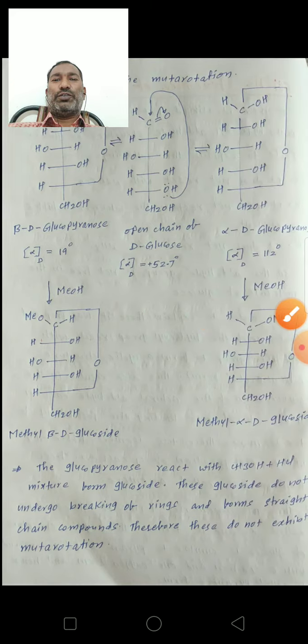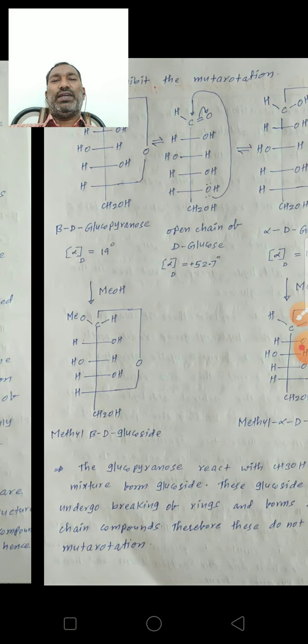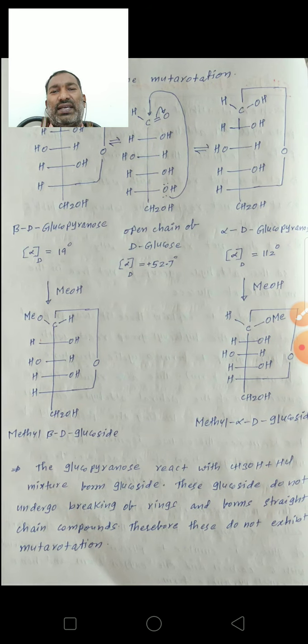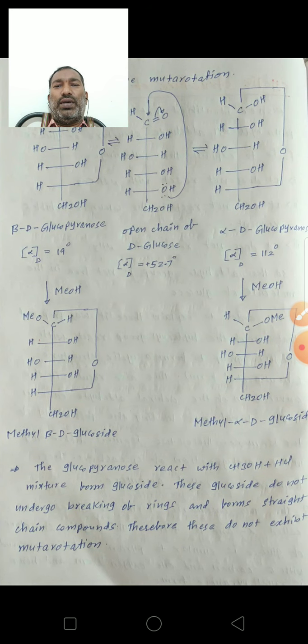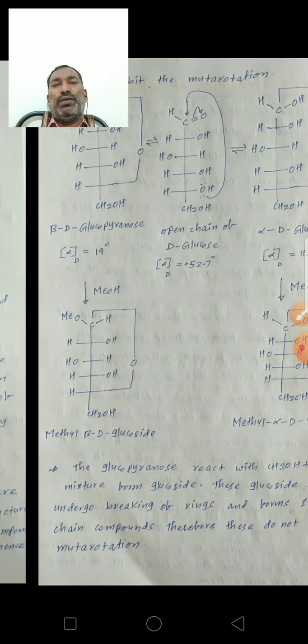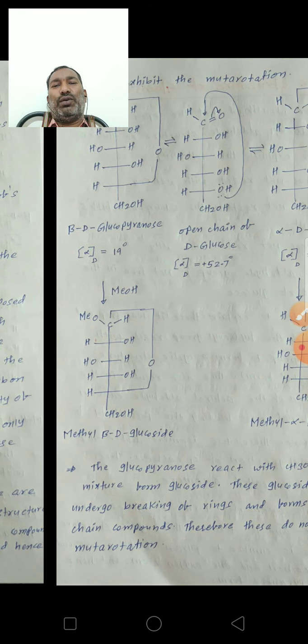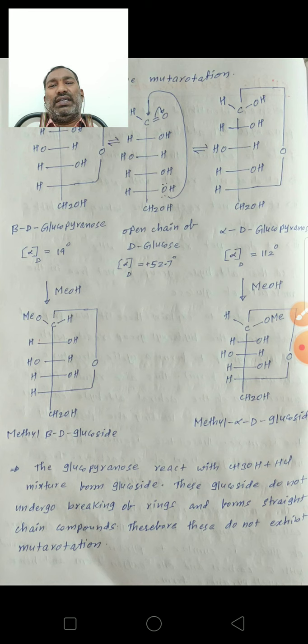The next point is that the cyclic structure exhibits mutarotation. See, this one is the open chain structure of D-glucose: the aldehyde group, second carbon OH on the right side, third carbon OH on the left side, fourth carbon OH on the right side, fifth carbon OH on the left side.